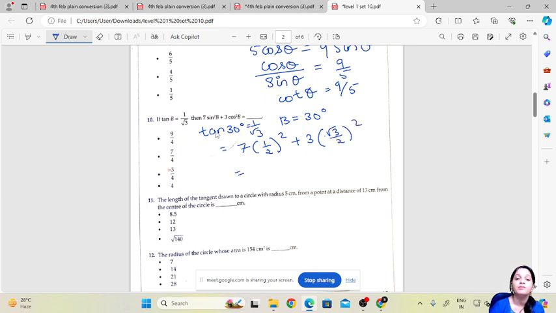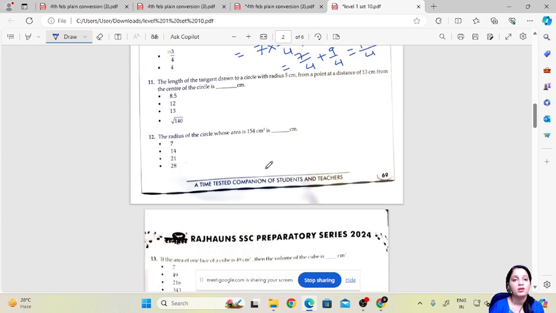So it will be 7 into 1 upon 4 plus 3 into 3 upon 4, the whole square we have already taken. So 7 upon 4 plus 9 upon 4 is 16 upon 4, which will be 4. So the answer is 4.